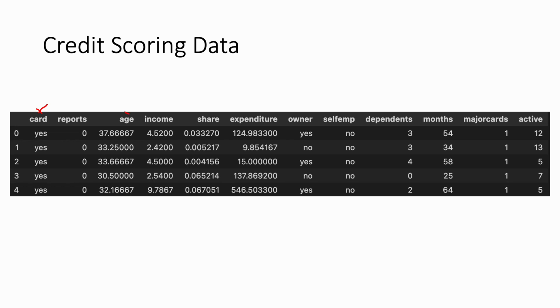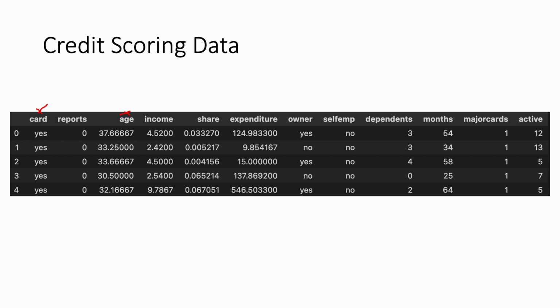First, age, which is a plot number. Then, years of how long the user has had the card. The yearly income is divided by 10,000 USD.